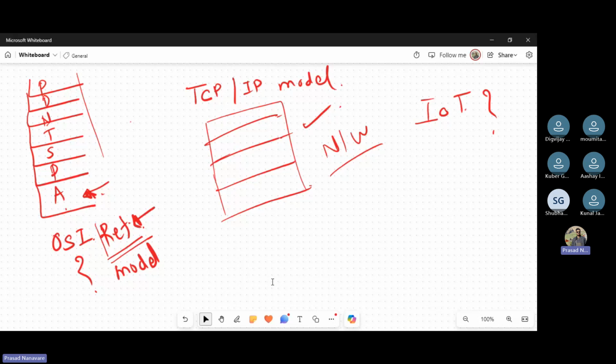IoT is an evolved version of embedded systems. What are you seeing on my screen right now? Whiteboard, right? Yes, sir. So IoT is an evolved version of embedded systems, and an IoT device is an embedded system itself.